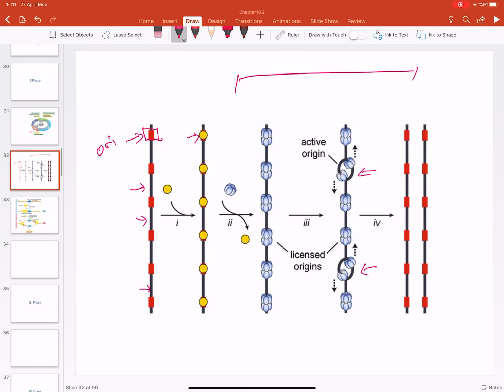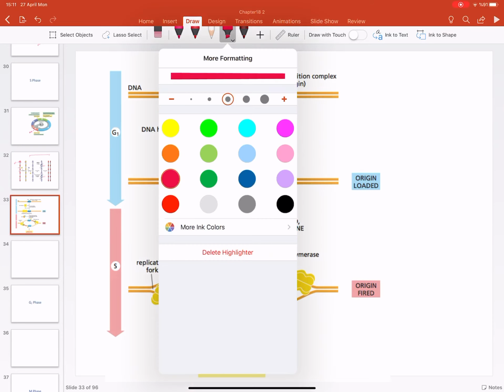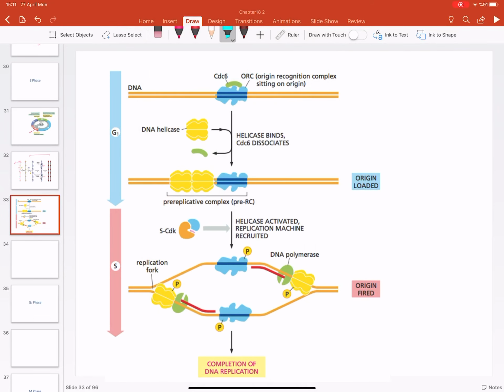Origins of replication don't stay unmarked. They should carry a mark on themselves. Even if there is no DNA replication going on, the origin of replication is anyway marked with a protein complex called ORC, the origin recognition complex.